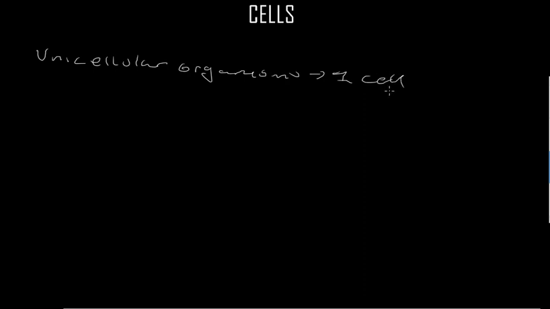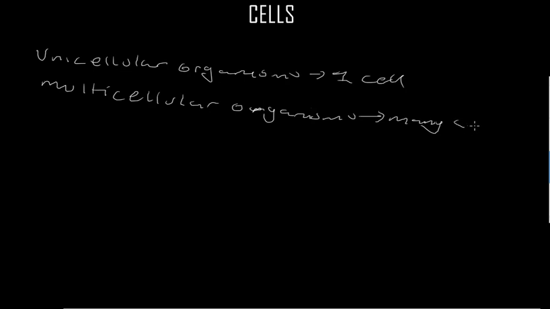And organisms that are made up of more than one cell are known as multicellular organisms. Many cells. So unicellular organisms are made up of one cell, and multicellular organisms are made up of two or more cells.